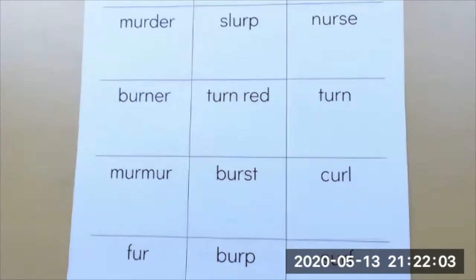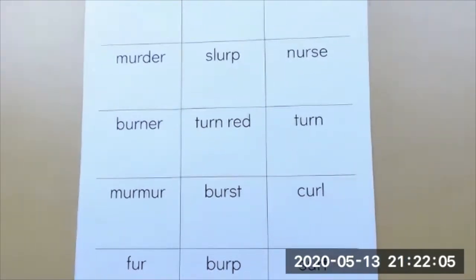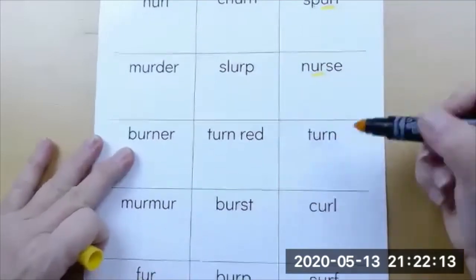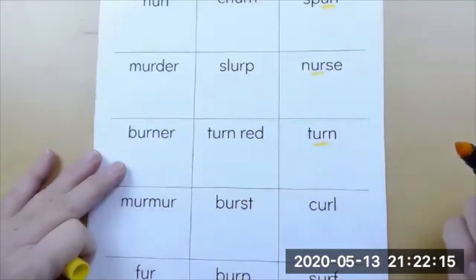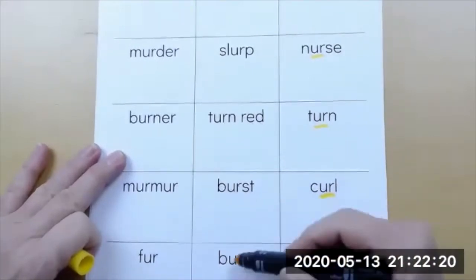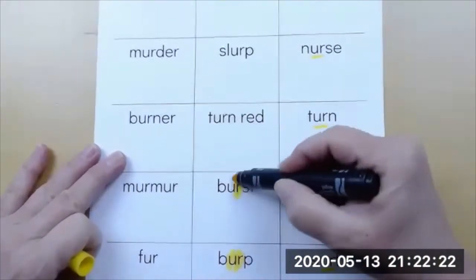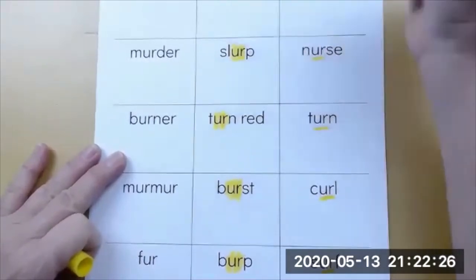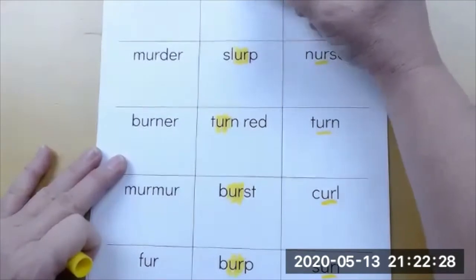This is their game. So before we play the game, let's find all the URs. And you can do this regardless. You can say to the child, let's find all the UR church words in our game, and they can come in and underline them, or they could color all the URs. They're going on a UR hunt, and every time they find one, they can say it.